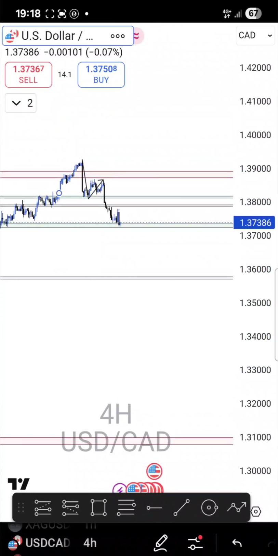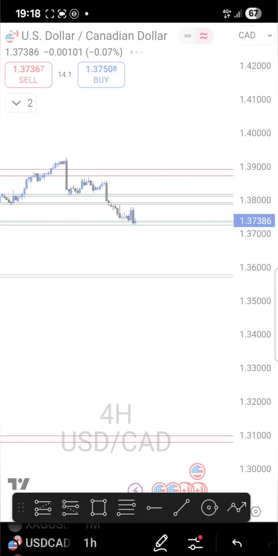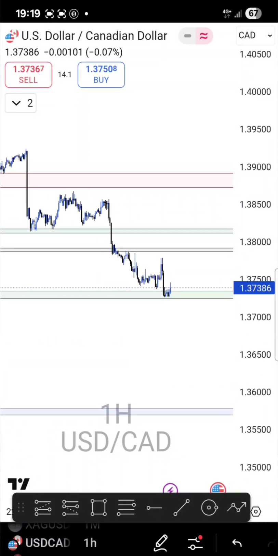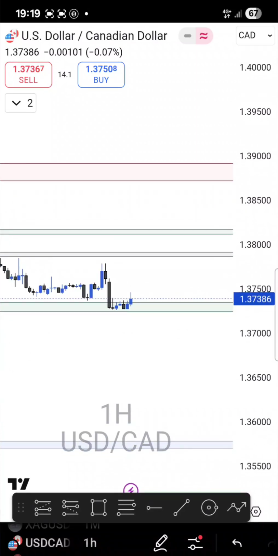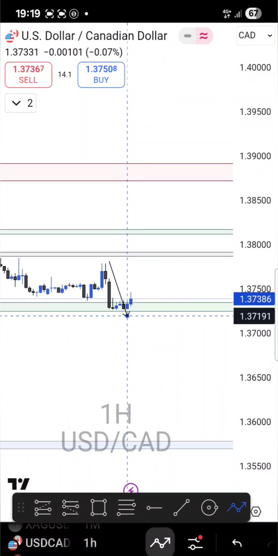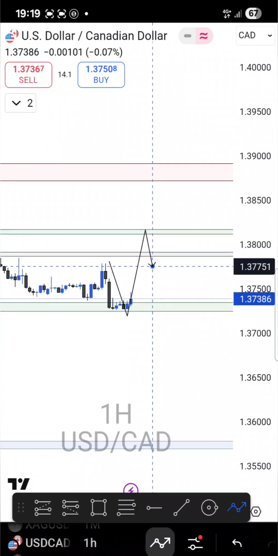Let's just scale down to the 1-hour time frame and see how we can get opportunities. So currently we cannot be selling USD on this because it is sitting on a support zone on the daily time frame, right? Like I said, I expect price to pump a little bit, rally somewhere around here or here, and I'll be looking to take my sell all the way down.